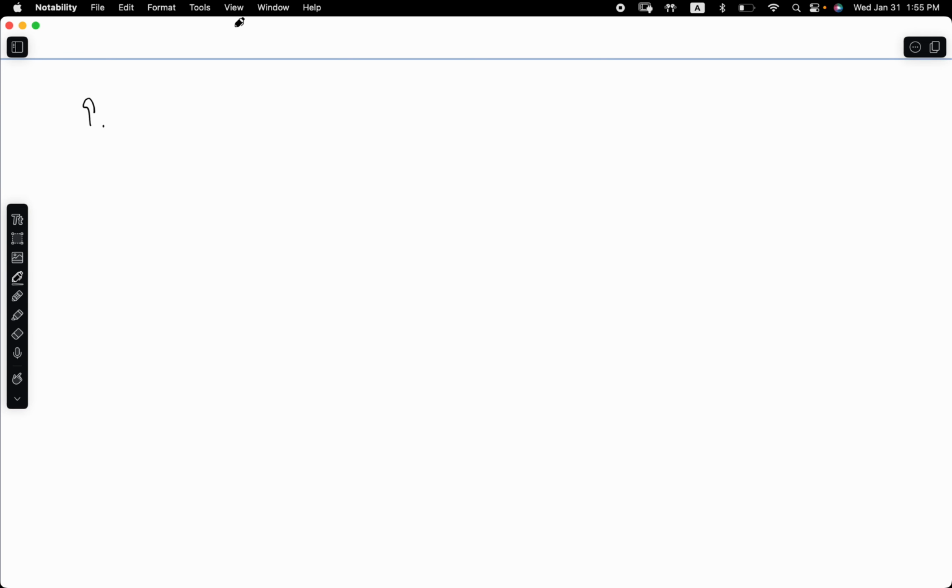We have a multinomial, which has a homogeneous function.